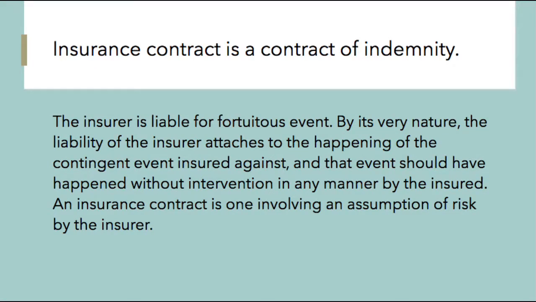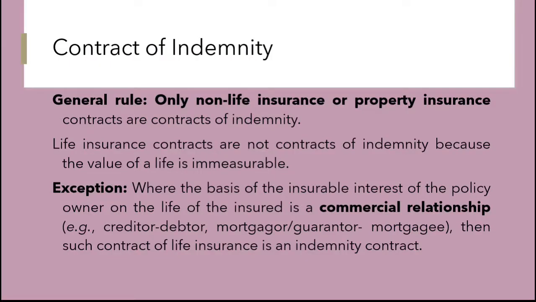The insurer is liable for a fortuitous event. By its very nature, the liability of the insurer attaches to the happening of the contingent event insured against, and that event should have happened without intervention in any manner by the insured. An insurance contract is one involving an assumption of risk by the insurer.